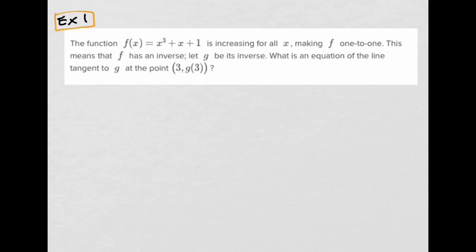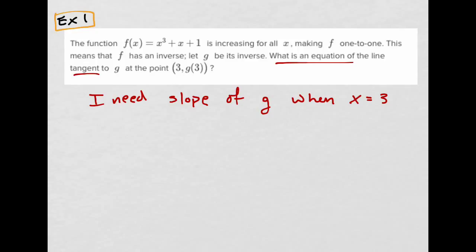Well, first, it's asking, what are the key pieces? What is an equation of the line tangent to g? So I need the slope. I need the slope of g when x equals 3. When x is 3, I need to know what the slope is.